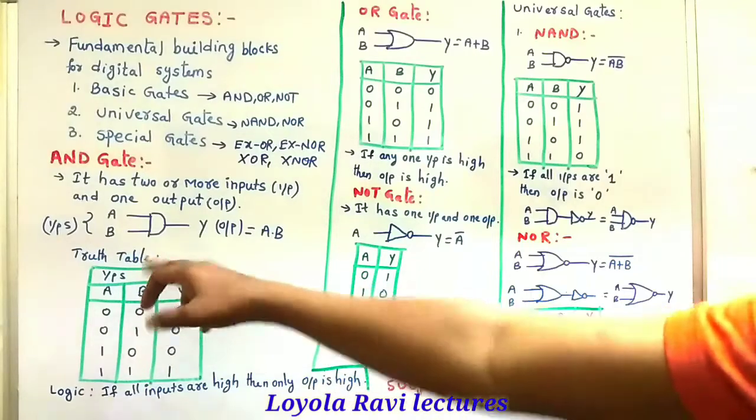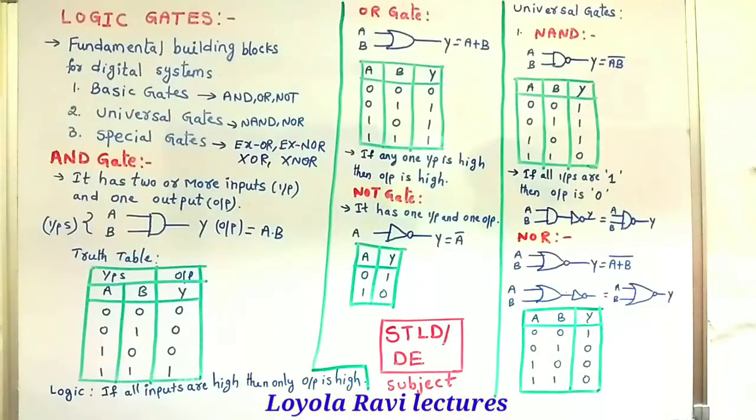Then come to the truth table. The table which shows the various outputs for the different combinations of inputs is nothing but the truth table. Here how many inputs do we have?